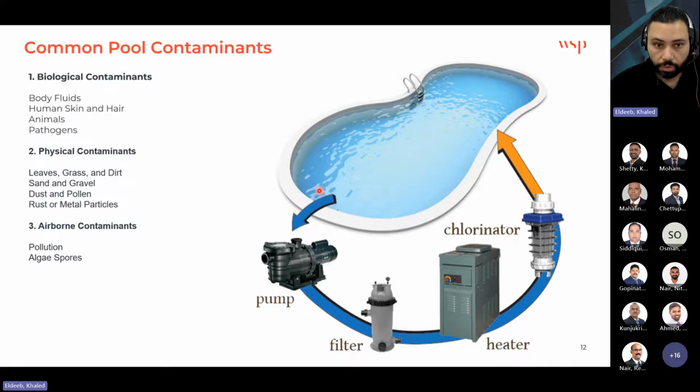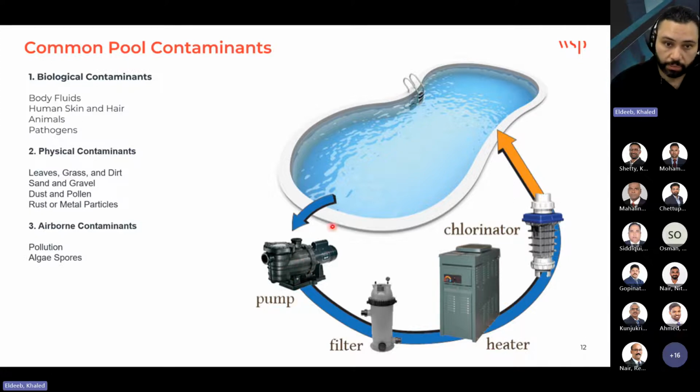So regarding the number of turnover periods, there are code requirements. It depends on the type of the pool, and on the application for which we are using the pool water, and so on. As we see here, this is the basic filtration cycle for any pool. We have a pump, definitely.